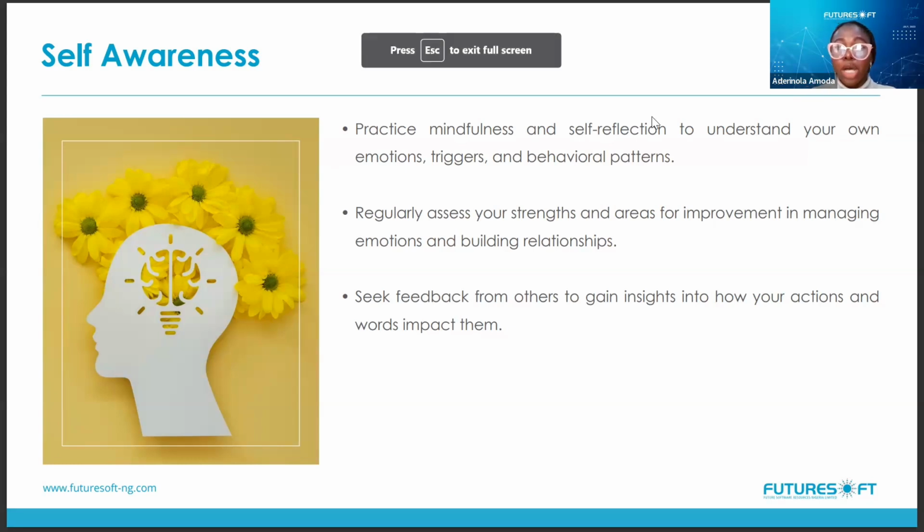Also, to be better at being self-aware, you could seek feedback from others to gain more insights into how your actions and words impact them. So recognizing your emotions helps you to develop self-awareness, which involves identifying and acknowledging your strengths and limitations.